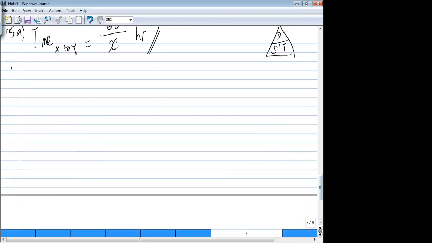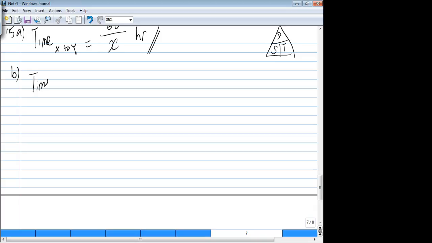Part B. She returned from x to y by the same route. Does the distance change? She returned y to x. Distance doesn't change. It is still 60 kilometers. But average speed is now 5 kilometers per hour more. And they want you to find the time taken again. Okay. So same formula.